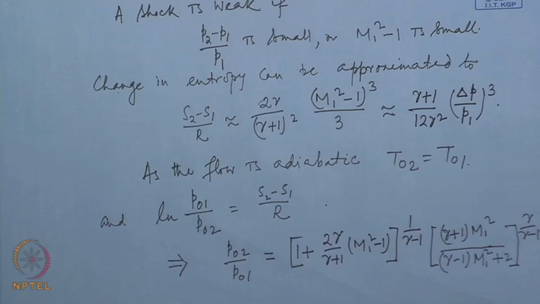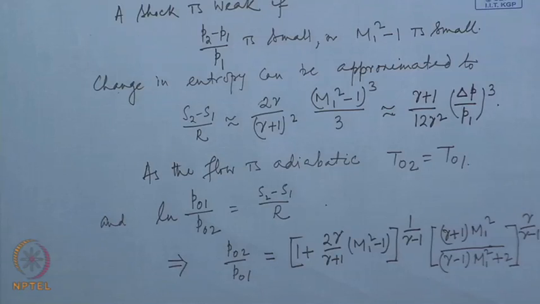Considering the flow through a uniform duct, we have seen that for a compressible flow through a uniform duct, if we have a supersonic flow at station 1, then we can have a subsonic flow at station 2.